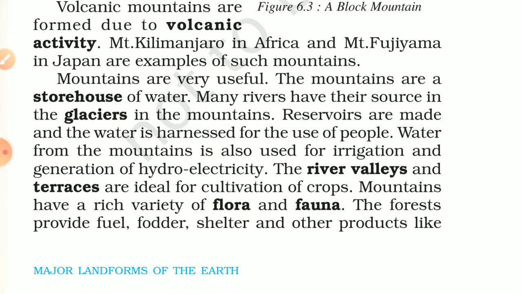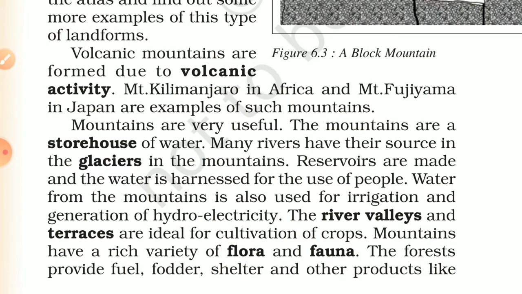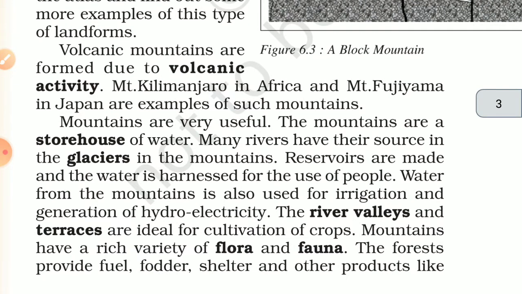Today we are discussing the topic of volcanic mountains. As we have discussed block mountains and fold mountains, the next one is the volcanic mountain. Volcanic mountains are formed due to volcanic activity.